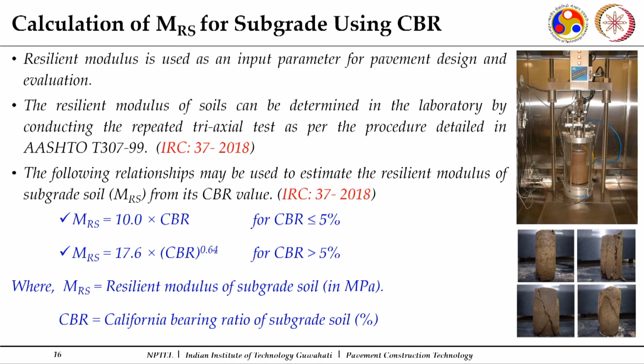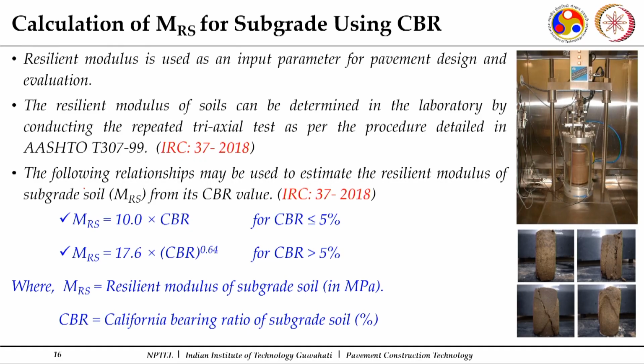Now, while making the computations for the pavement crust determination, the input has to be in terms of the resilient modulus. This is again a parameter which gives you strength in terms of the strain applied. For determination of the resilient modulus of any soil sample, you need to make use of the triaxial test.